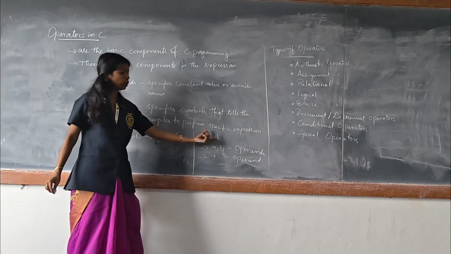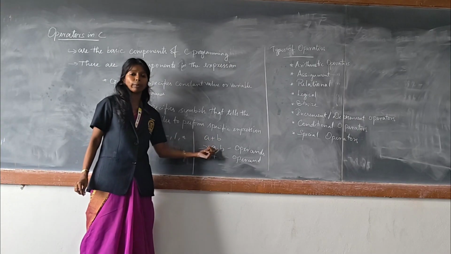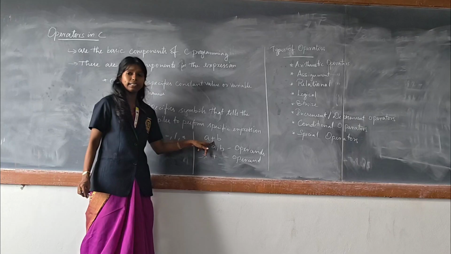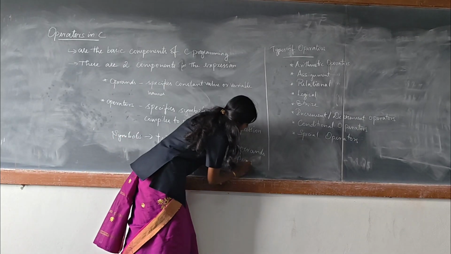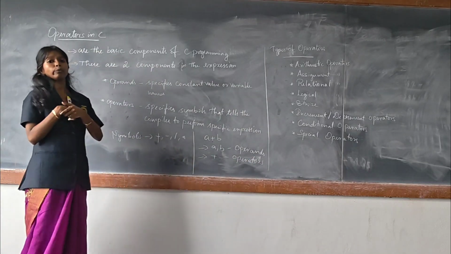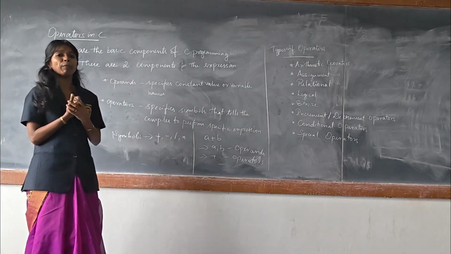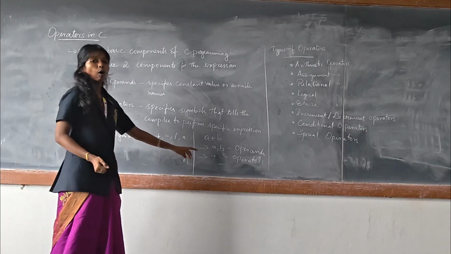The constant values or variable names are the operands, and the symbol, that plus symbol, is the operator. So now you have some idea of what is meant by operators and operands.